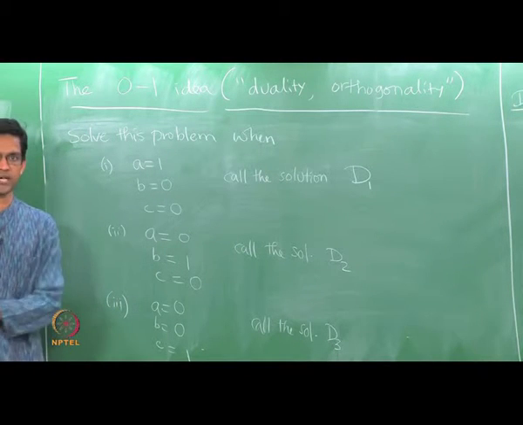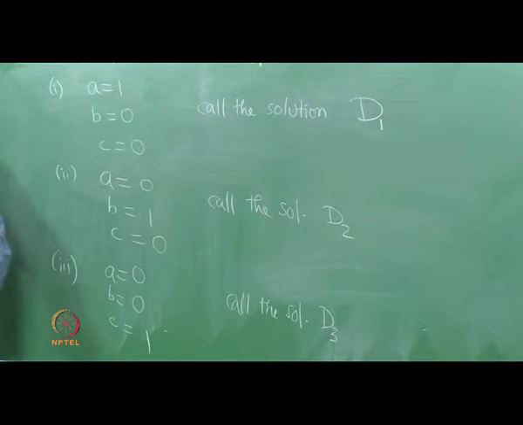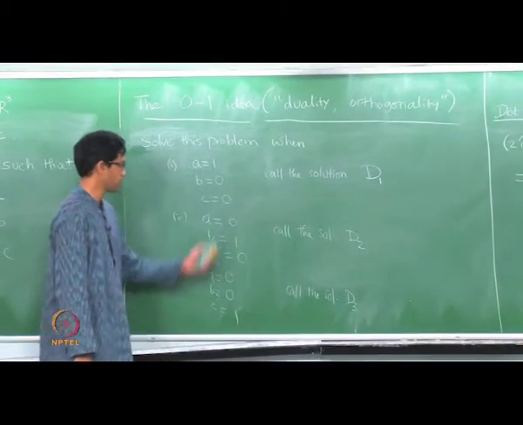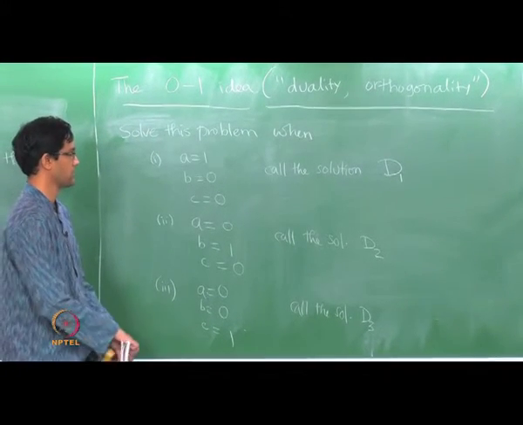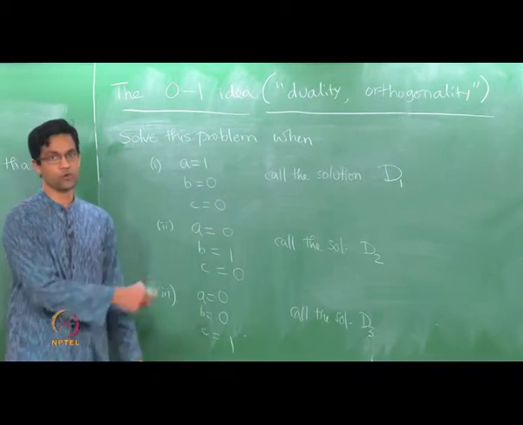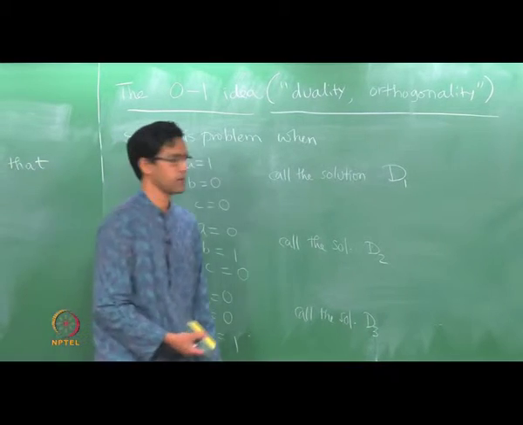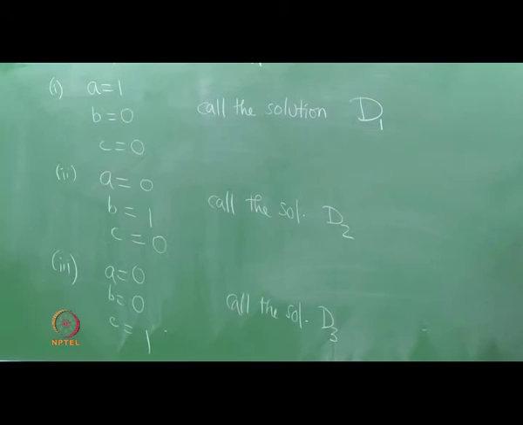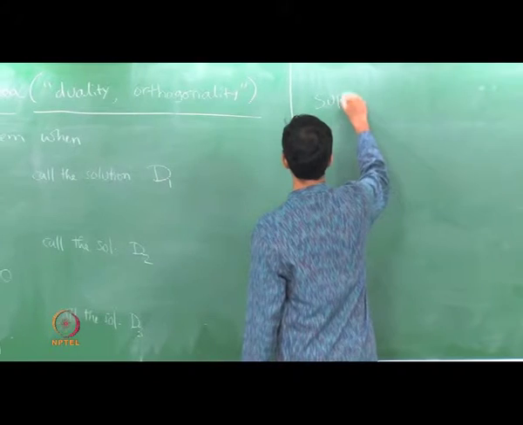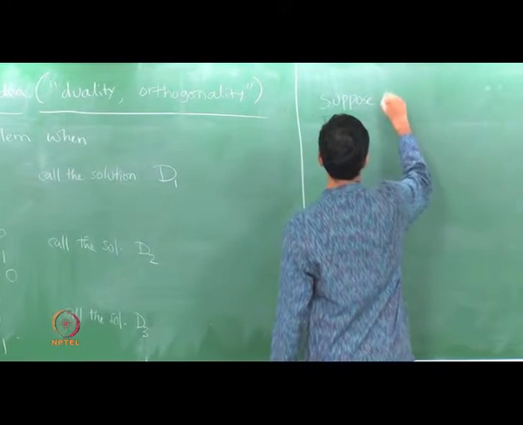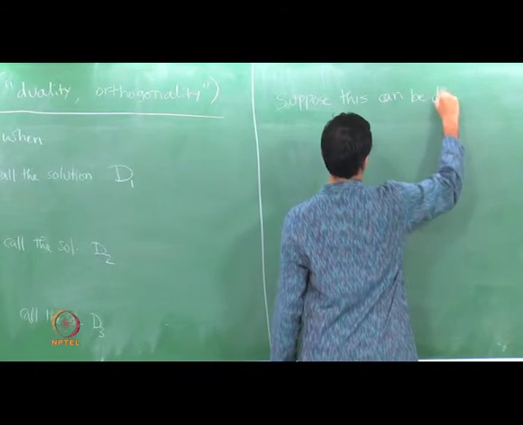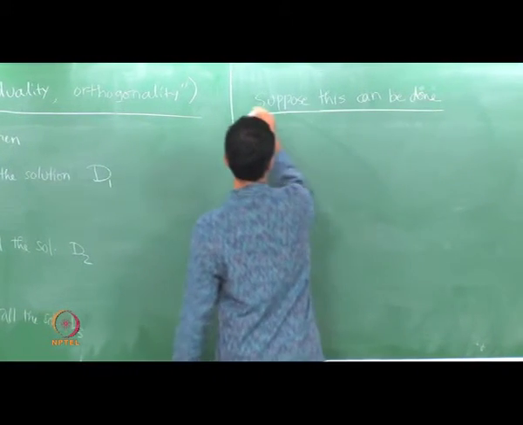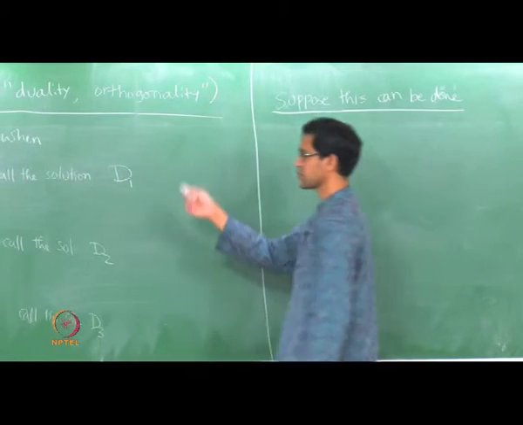So, instead of solving the general problem, we solve 3 simpler problems. Okay. We find D1, D2 and D3 whose dot products are zeros and ones, right. That is sort of what the 0 1 idea means. Now, suppose we could do this, we still do not know how to do this, but assuming we could do this, then here is how we solve the general problem.